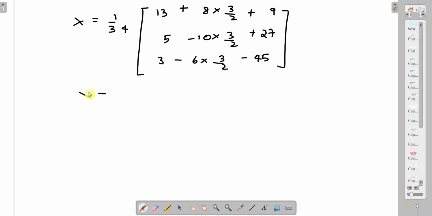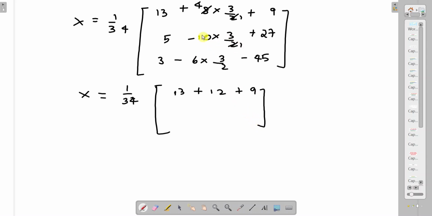Okay, so X is equal to 1 by 34 times 13 plus 2 times 1 is 2, and 2 times 4 is 8. So 4 times 3 is 12, plus 9. Okay, and 2 1s are 2, 2 5s are 10, so 5 minus 5 times 3 is 15, and then plus 27.